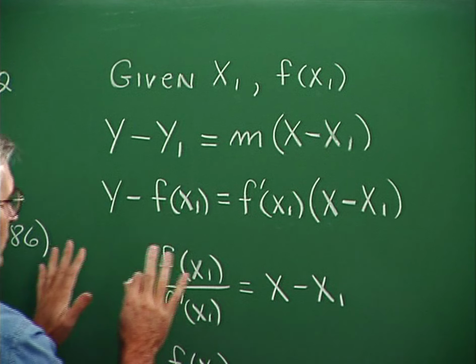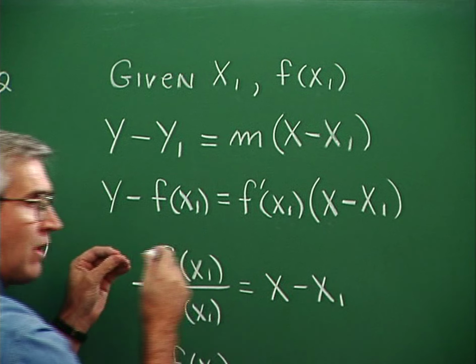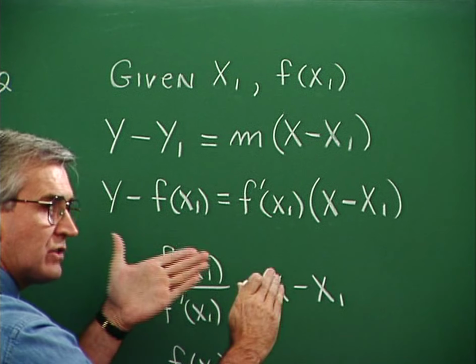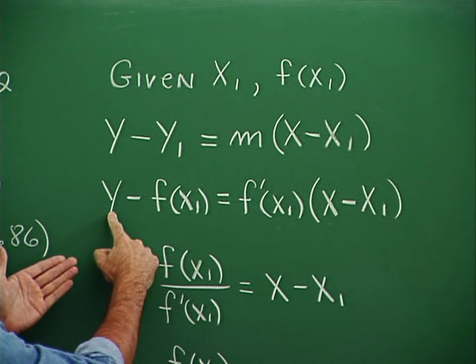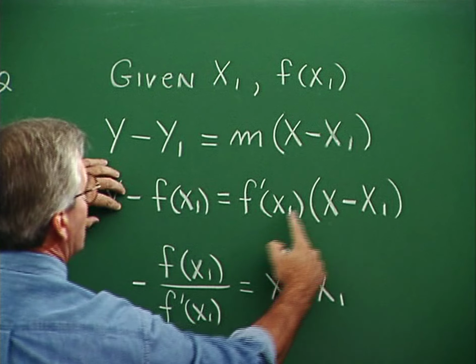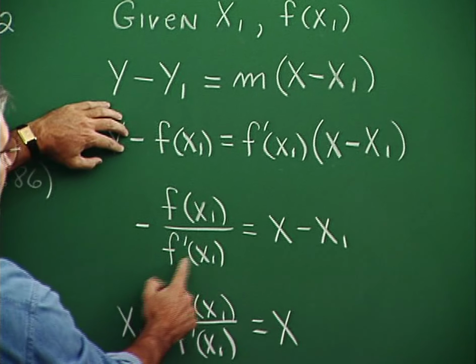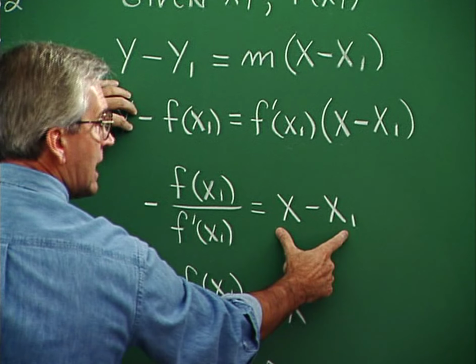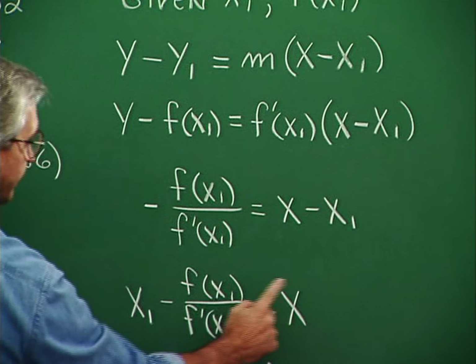Now, I'm going to go through and solve this for x, assuming now that I'm looking for an x-intercept, and the x-intercept implies that y takes on the value 0. So the y goes out, and now I'm solving this for x. So I'll take this coefficient and divide it on both sides, giving me this on the left and this binomial on the right. Then I'll add x1 on both sides, and I have this.